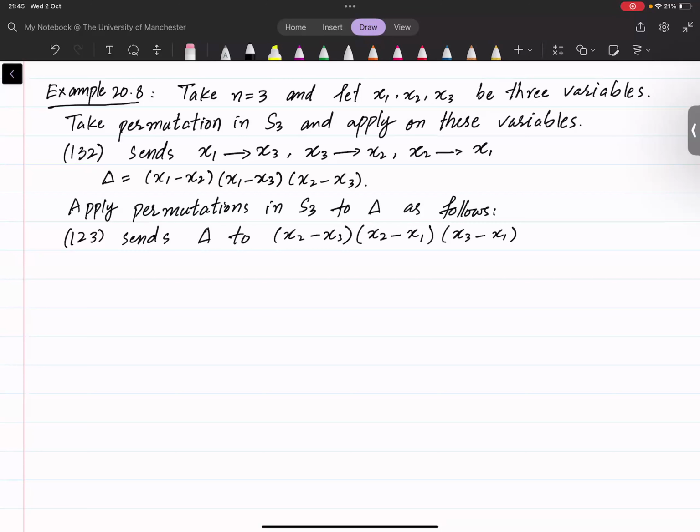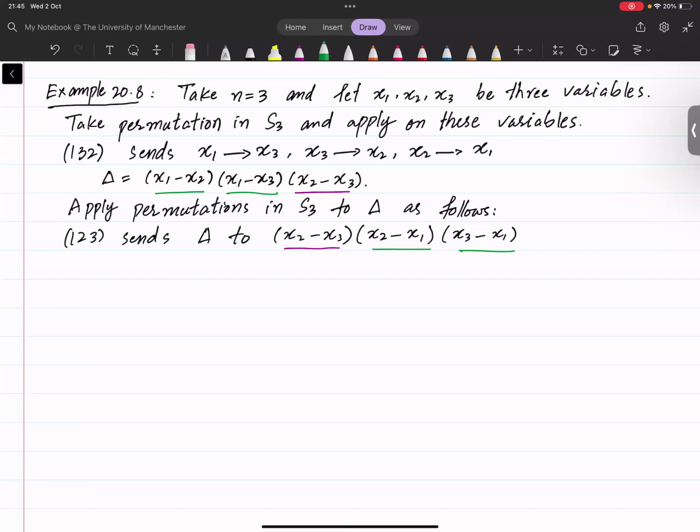And now notice that this is just the expression for delta with two brackets reversed. So you can see that we have x2 minus x3 similar. So these are the same, but we have reversed the brackets, this one and this one, right? We have reversed them.